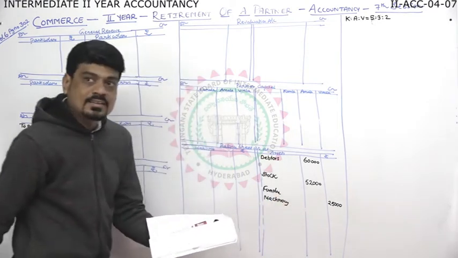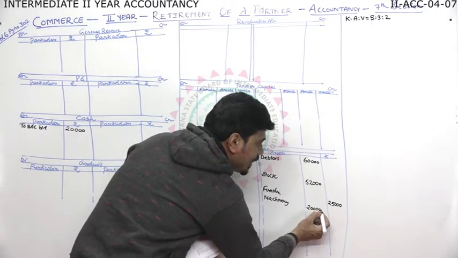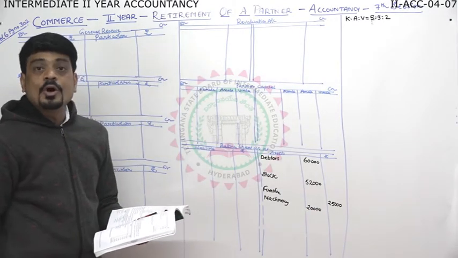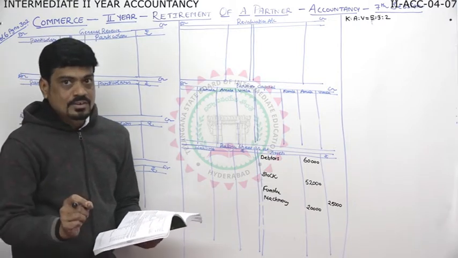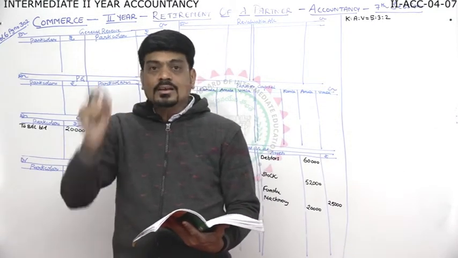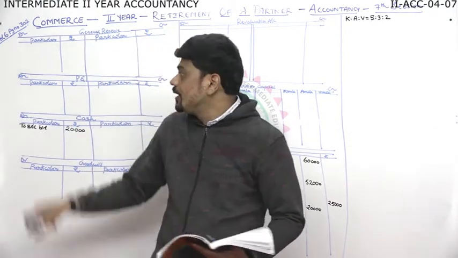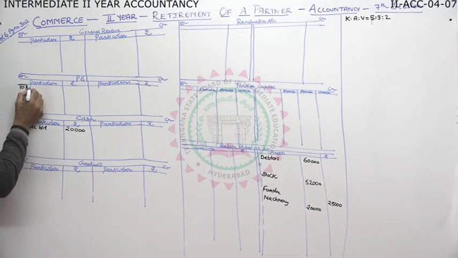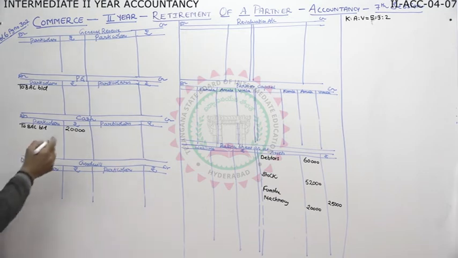Machinery is an asset having an adjustment, so inner column 20,000. Very important item, profit and loss. I told you it's an accumulated loss. If you have doubt, you can refer to the topic of accumulated profit which we discussed in admission of a partner. So profit and loss account, debit side: to balance brought down, 5,000.